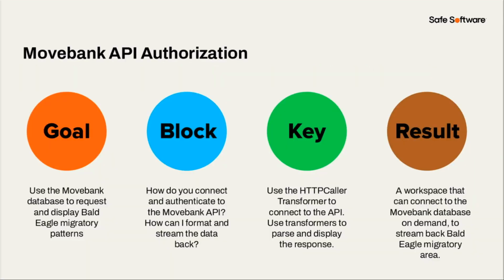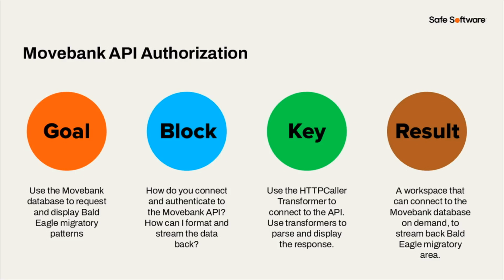Okay, so now I'm going to jump into a demo that's going to showcase a workflow that pulls data from the Movebank API on bald eagle migratory patterns and streams it back to a web map. The challenge here is how to connect to the Movebank API with authentication, and then formatting the data and streaming it back to ArcGIS Online.